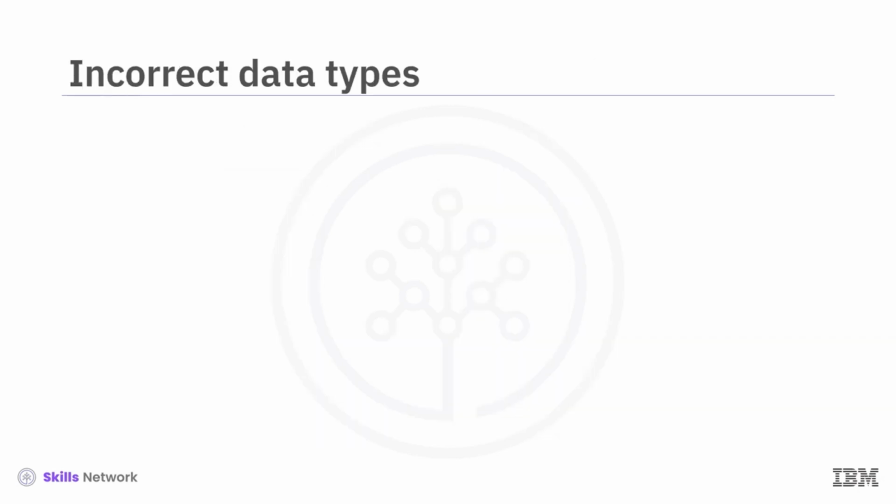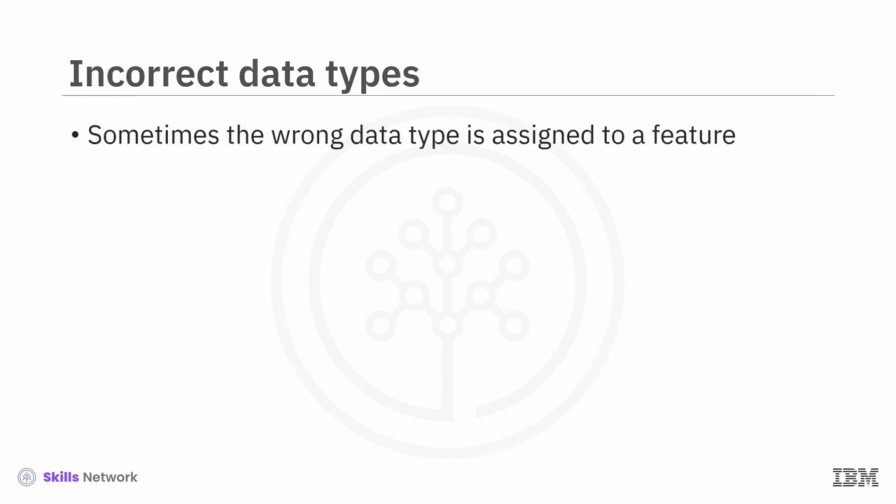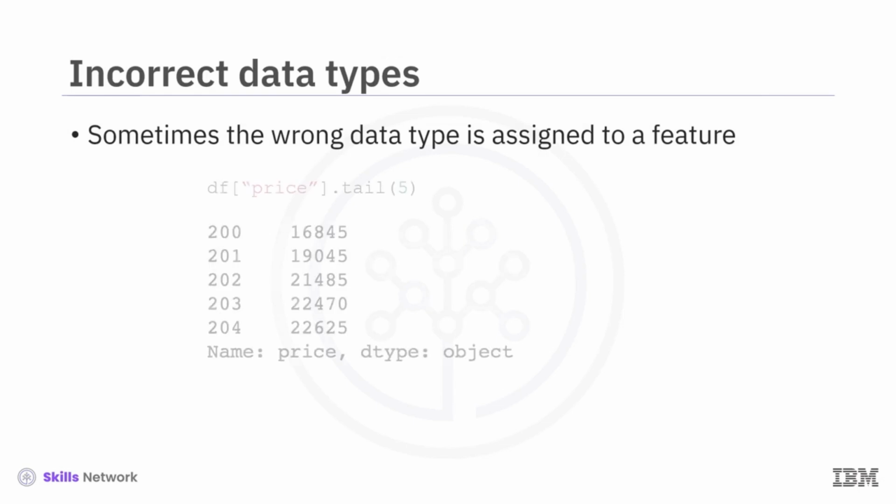For a number of reasons, including when you import a dataset into Python, the data type may be incorrectly established. For example, here we notice that the assigned data type to the price feature is object, although the expected data type should really be an integer or float type. It is important for later analysis to explore the feature's data type and convert them to the correct data types.